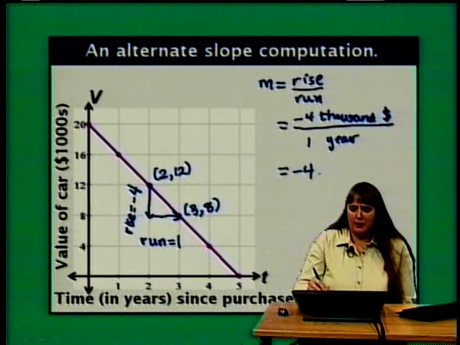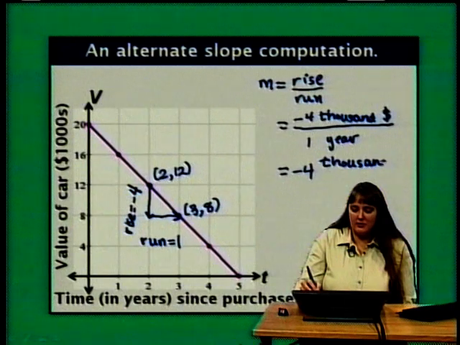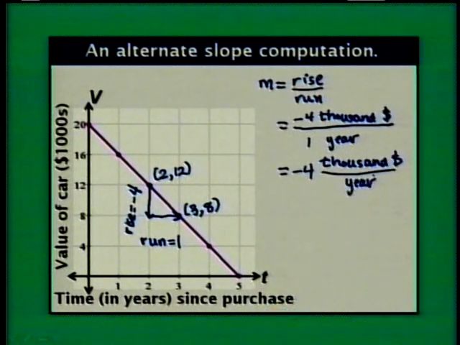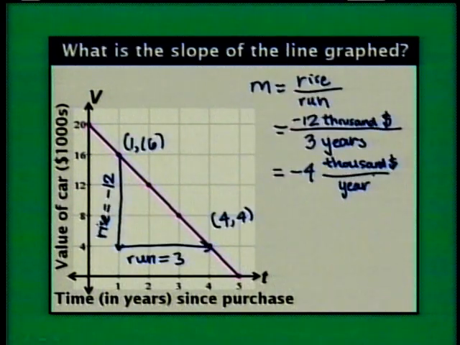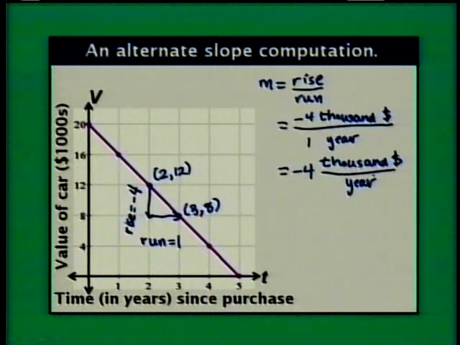So I have -$4,000 per year. When I chose 2 points a little bit further apart, I also got -$4,000 per year for the slope. So again, it doesn't make any difference which 2 points I choose on the line, I get the same slope.